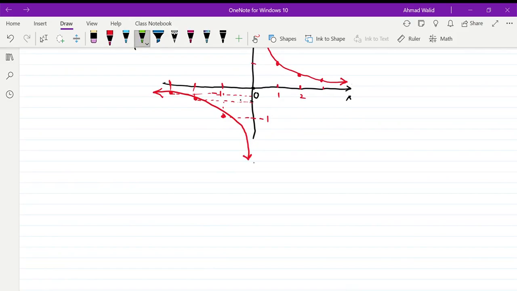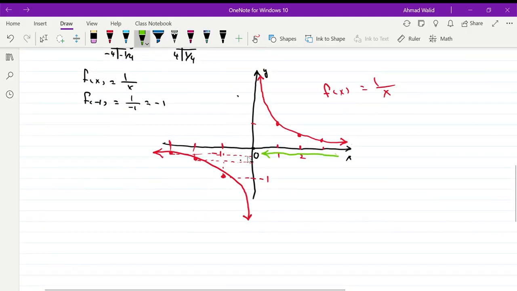Look, when I am approaching from the right side, look at the green line. When I'm approaching 0 from the right side, where does the function go? How do you know where the function goes? Just move your finger or follow this green line. Where does the function go when you are coming closer and closer to 0? Your function goes to positive infinity.